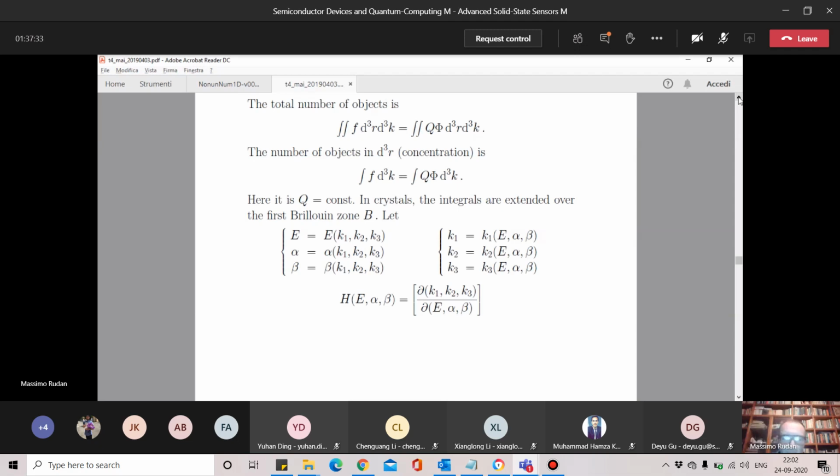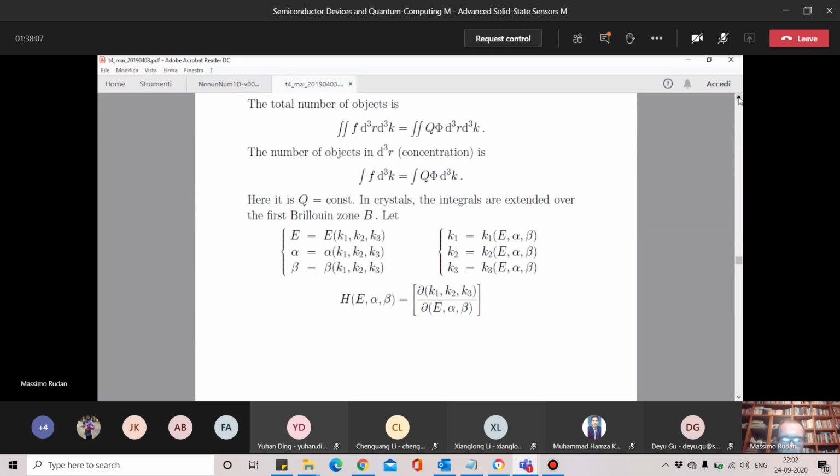You remember we have been talking about the density of states on Tuesday with reference to a parabolic band. So we introduced the density of states considering a relation between energy and K that was parabolic, because that is the easy case, okay?